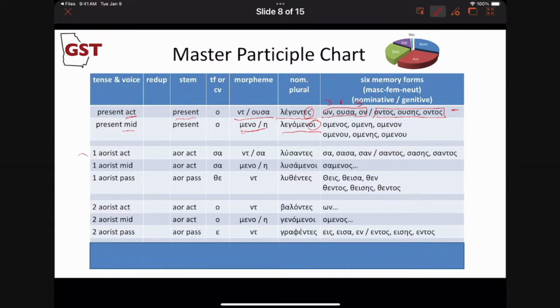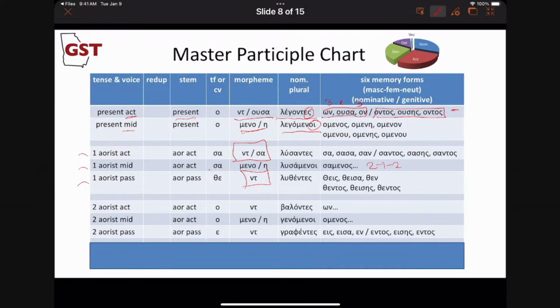And then we have our first aorist, active, middle, and passive. Notice that they're going to use the 3-1-3 pattern here for the aorist active and passive, but for the middle, it's going to use the 2-1-2 pattern for your case endings.